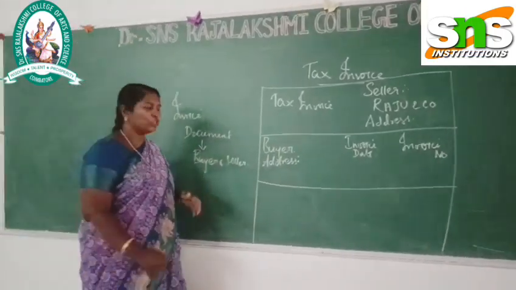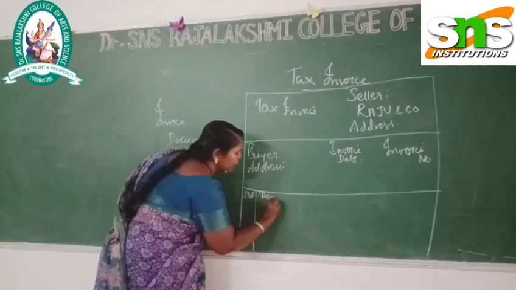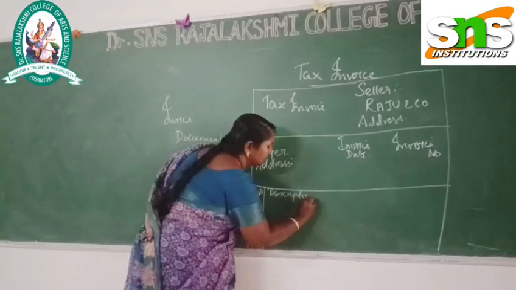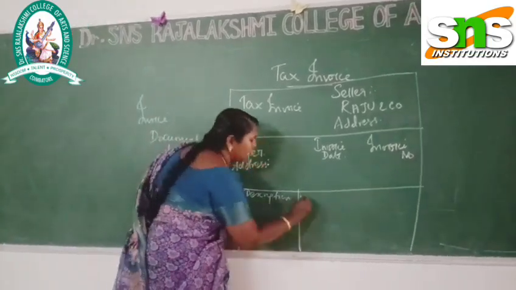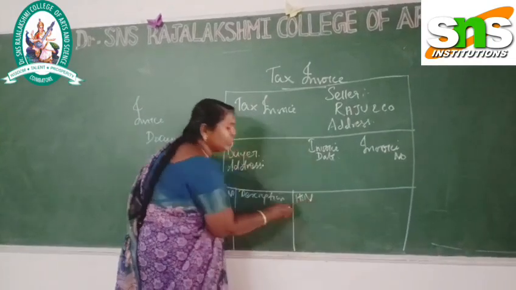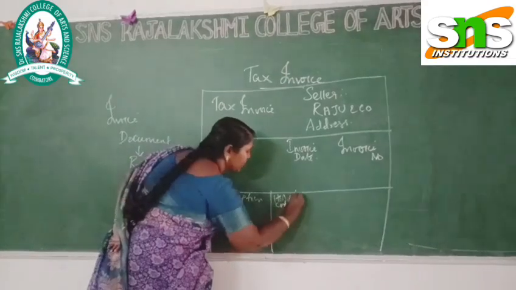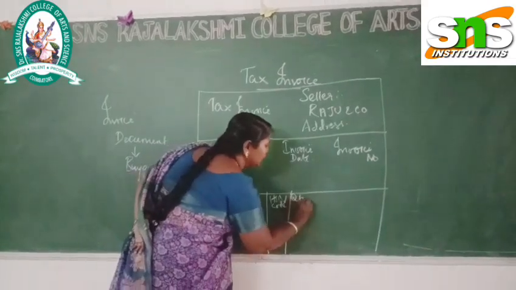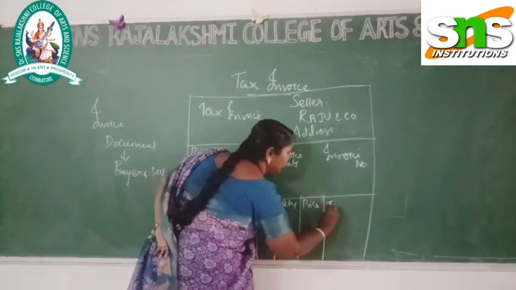The main things are the serial number and the description, what items we are selling to the buyer. The description is important, and if it is worldwide, we should mention the HSN number. The main things we need are quantity, price per unit and the total.